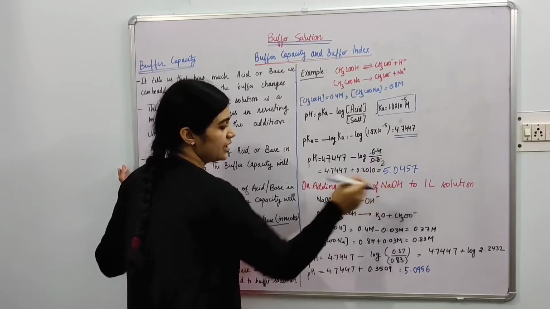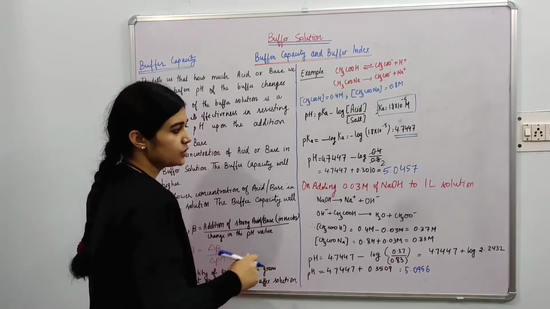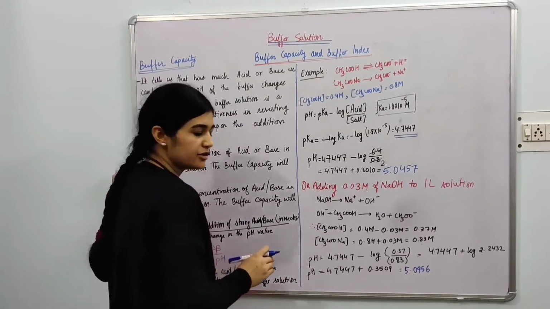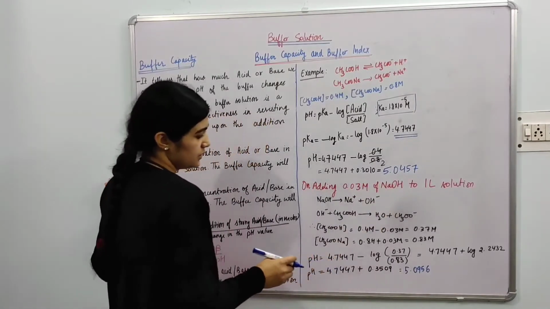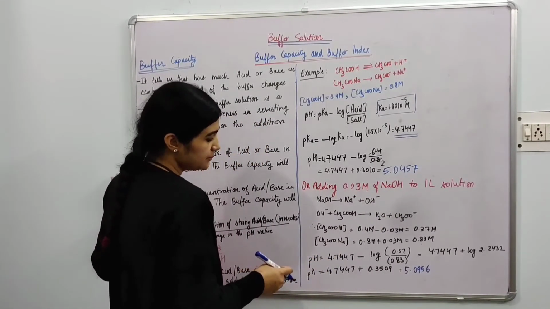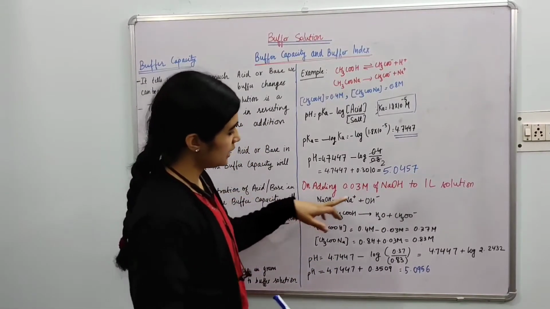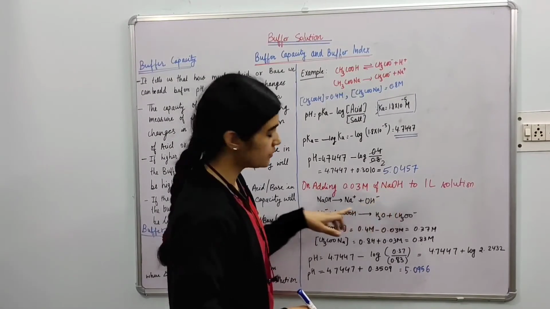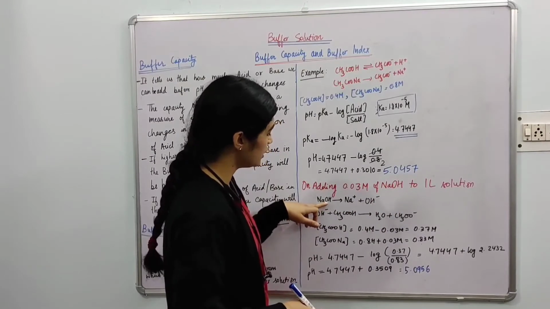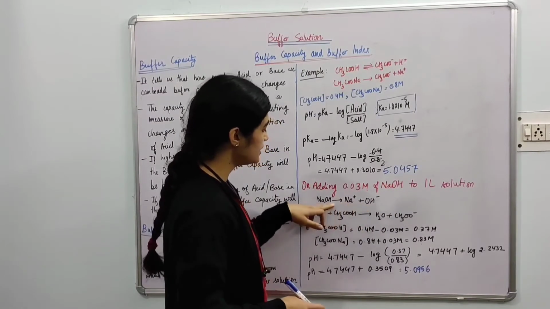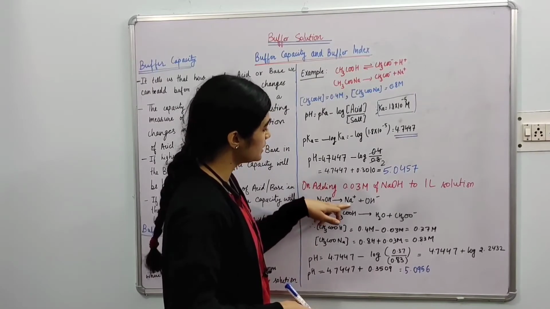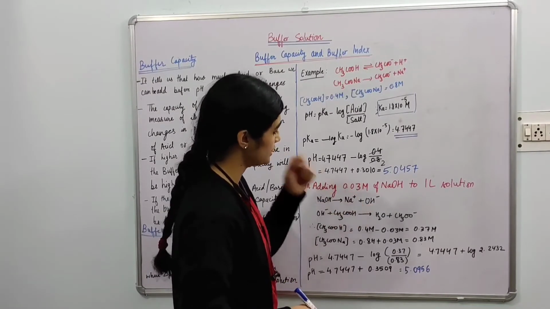Now if we add 0.03 moles of NaOH to 1 liter of solution, that is, we are adding 0.03 molar NaOH solution, what will we see? This NaOH on addition to the solution will immediately break down into its ions, because it's a strong base. So it will only be present in the form of Na positive and OH negative.